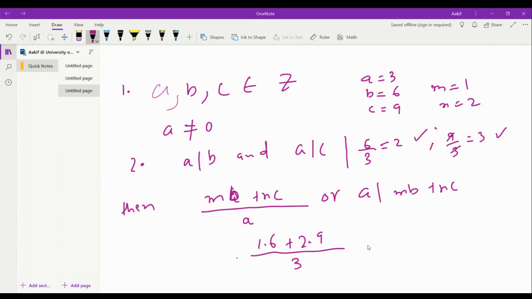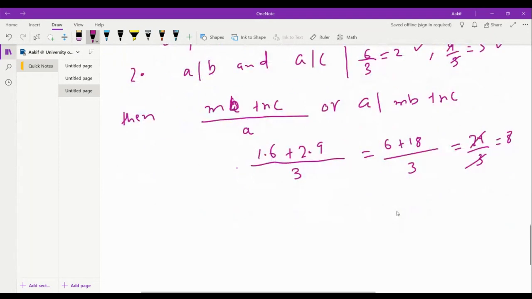So this will be equal to 6 plus 18 by 3. We'll get an integer because 6 plus 18 is 24, and 24 by 3, 3 times 8 gives us 24. So this proves that A divides m times B plus n times C.